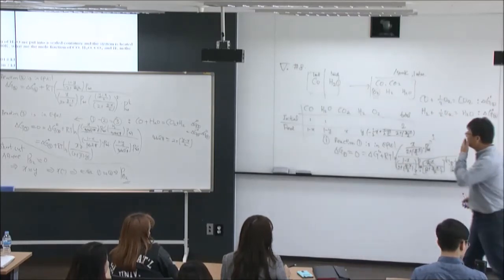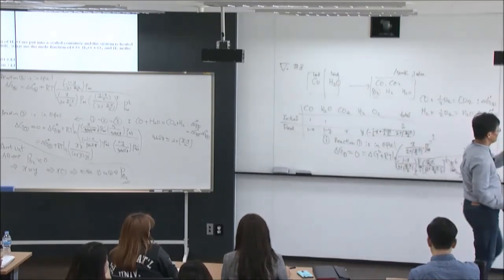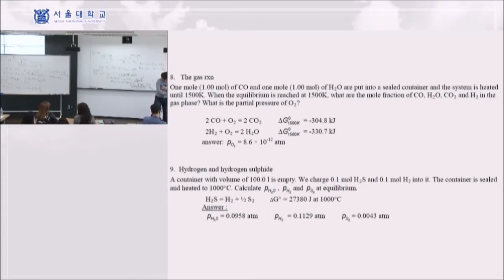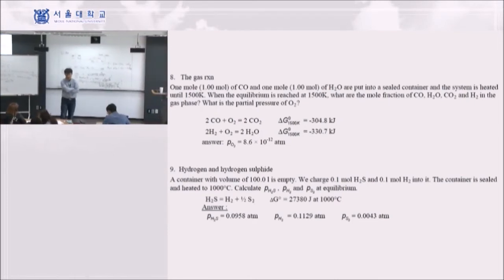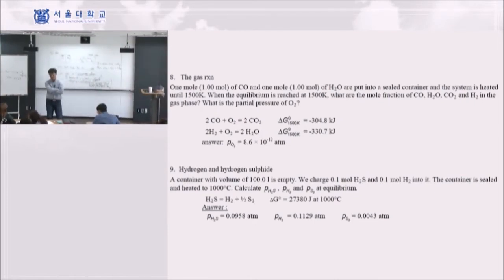Okay, question number 9. And also R is always 8.314 when you're using joules, yeah? And when you use the ideal gas law, it's 0.0083812.